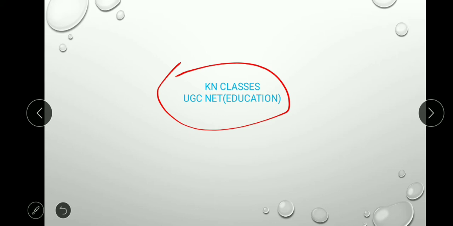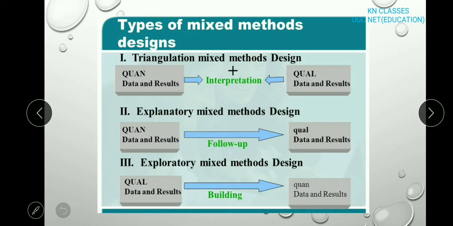So in this video, we'll discuss the types of mixed method research design. So let's start. In the last lecture, I discussed the meaning of mixed method research design, characteristics, and the meaning of three types of mixed method design.